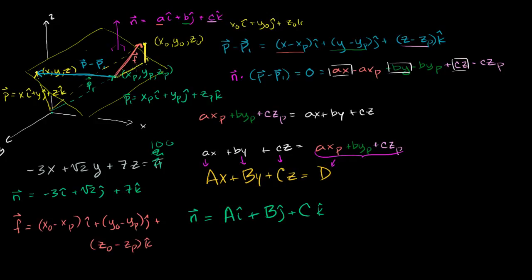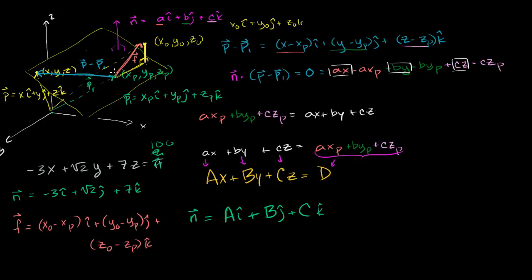This base of the right triangle is along the plane. This side is normal to the plane, so this is a right angle. And if I take any other point on the plane, it will form a hypotenuse on a right triangle. And obviously, the shortest way to get to the plane is going to be this distance right here, as opposed to the hypotenuse. This side will always be shorter than that side.